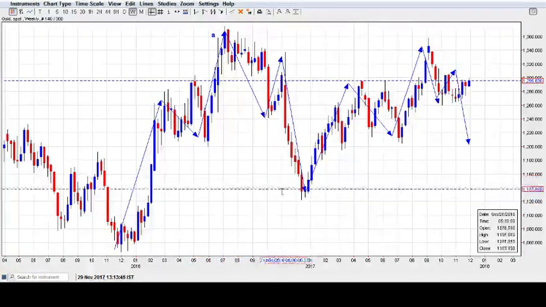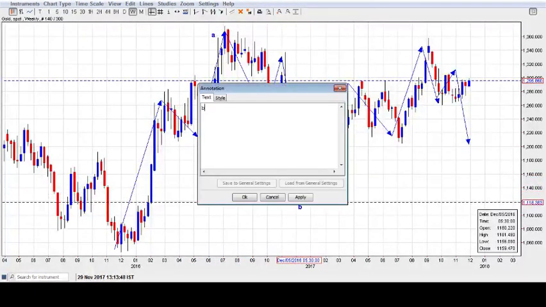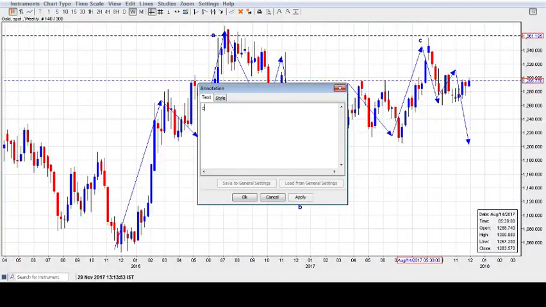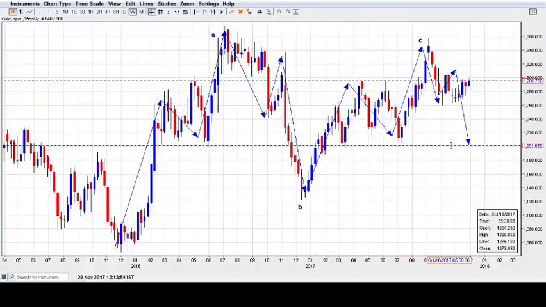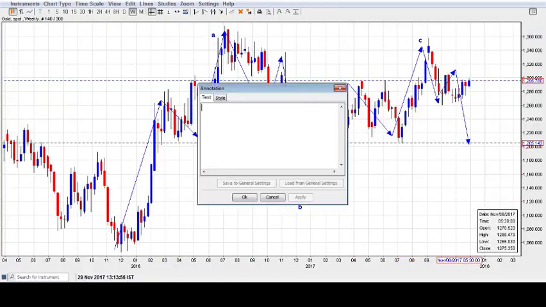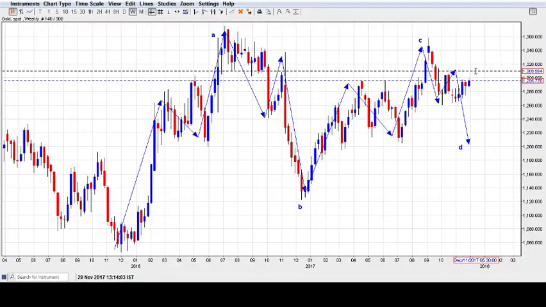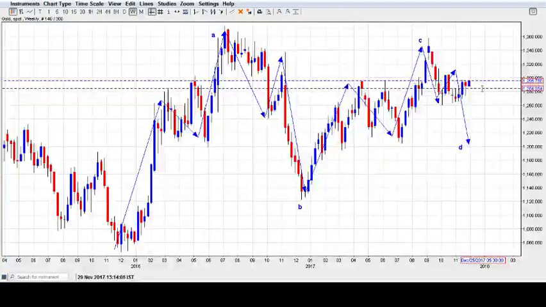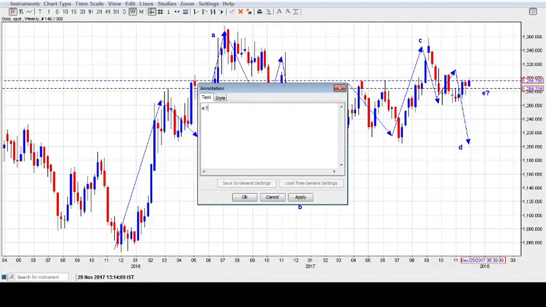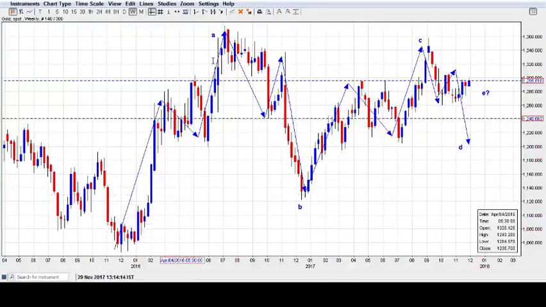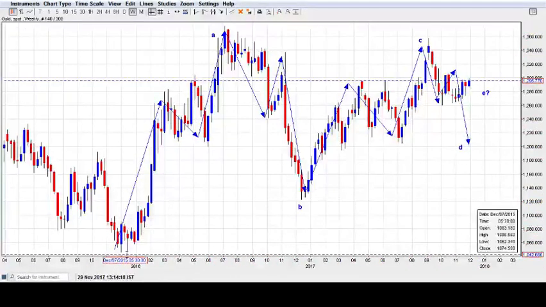That could be a triangle forming, A, B, C. I think we are into the D wave, which should terminate towards the 1200 mark, and then we will also have a rally towards wave E before the triangle structure completes and gives way to bears again. We all know that's a corrective rally which began from 2015.